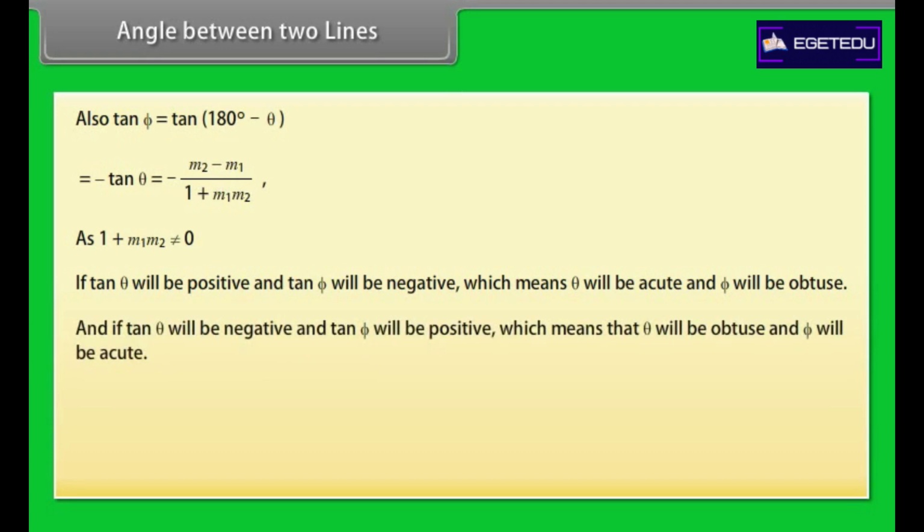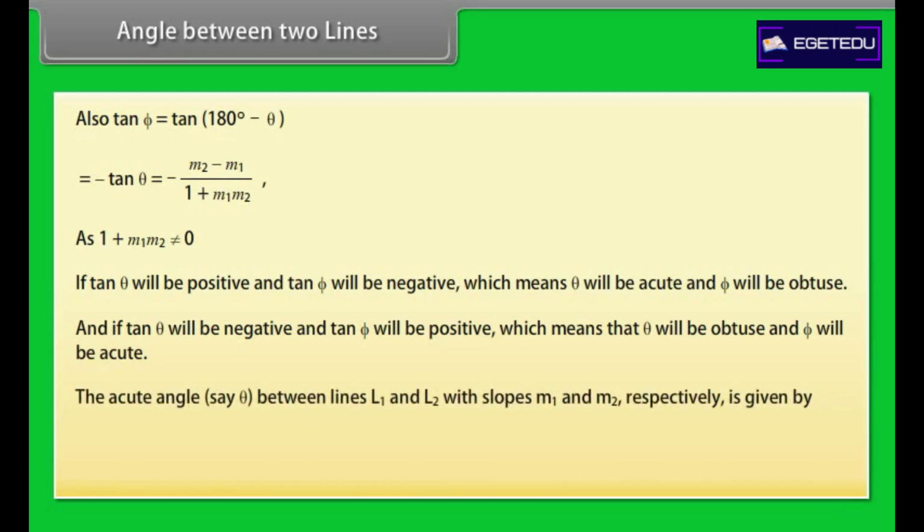And if tan theta is negative and tan phi is positive, which means that theta will be obtuse and phi will be acute. The acute angle, say theta, between lines L1 and L2 with slopes m1 and m2 respectively is given by tan theta = |(m2 - m1)/(1 + m1 m2)|, as 1 + m1 m2 is not equal to 0.